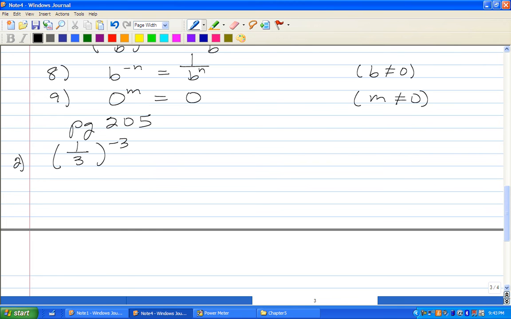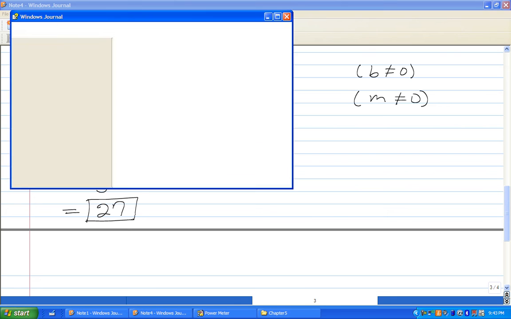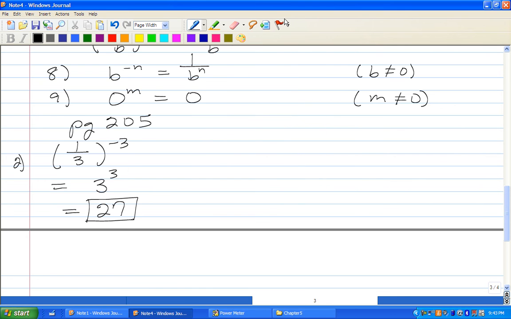Since I have a negative exponent, that says to take the reciprocal. The reciprocal of 1/3 is 3. And 3 to the 3rd is 27. That is your answer.